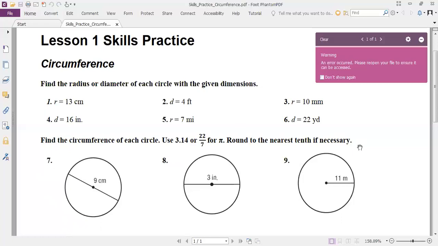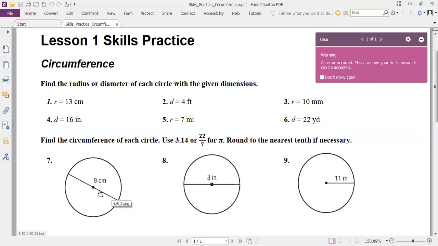Again, read the question again. Find the circumference of each circle. Use 3.14 or 22/7 for pi, round to the nearest tenth. We need to calculate the circumference and we need to use pi, maybe equal to 3.14 or 22/7.